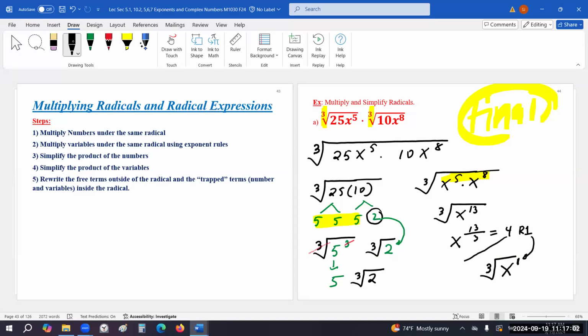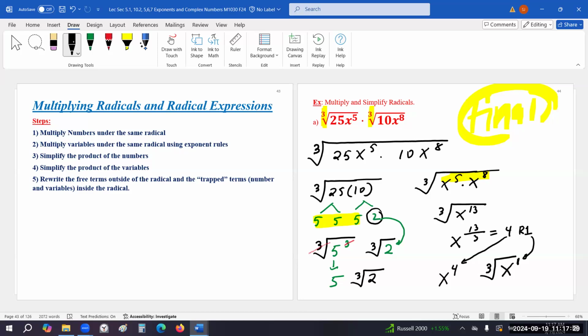But now this 4, it's free. So you put it outside of the radical. So this x has 4 power free, but this 1 power not. So what we do is, this is free and this is free, say, hey, become friends.